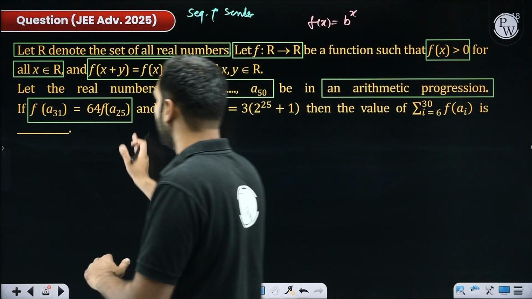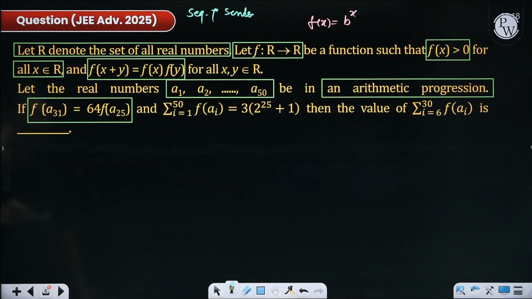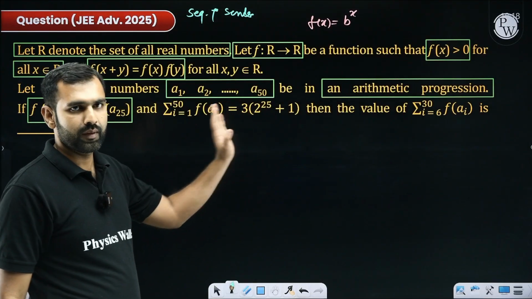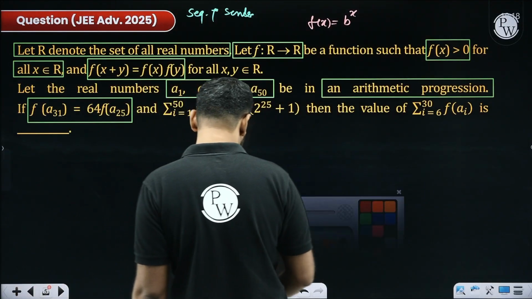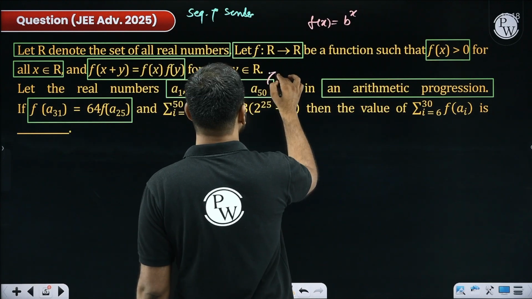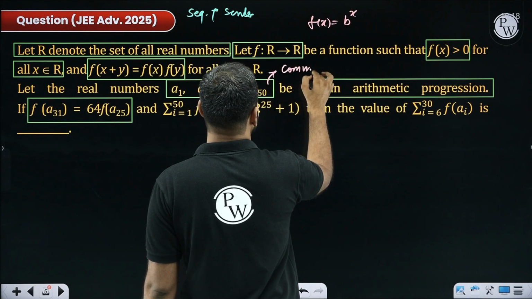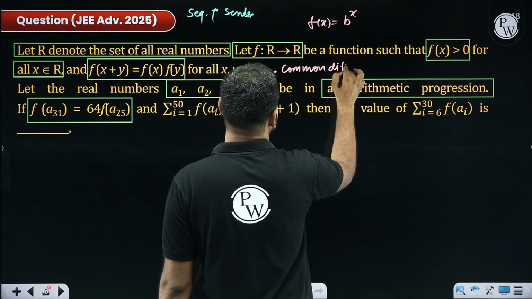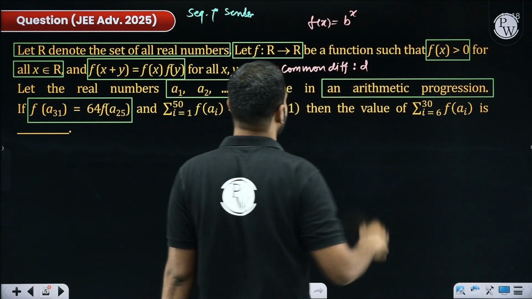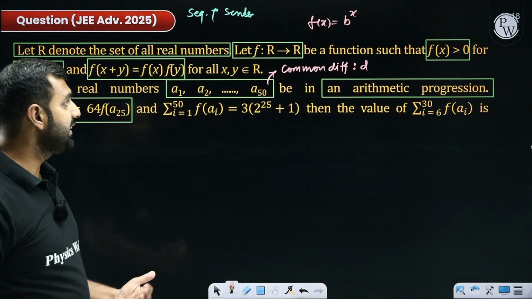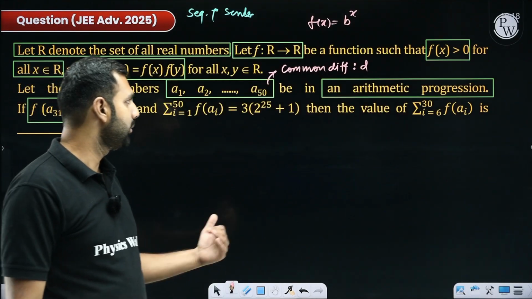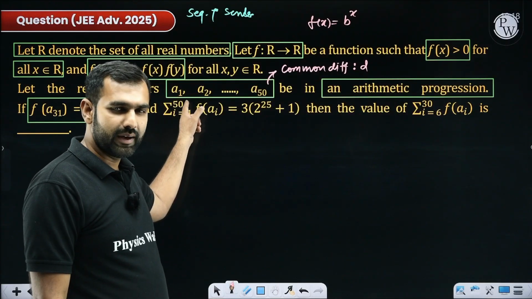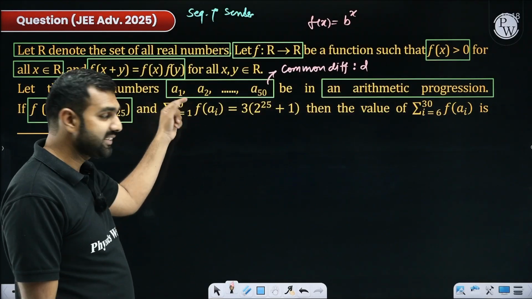So this property, if I apply here, f of a31. First of all, this is an AP. For this AP, I'm assuming that the common difference is d. Any nth term, if I wish to write, it will be a plus n minus 1 into d, where a is a1, the first term.